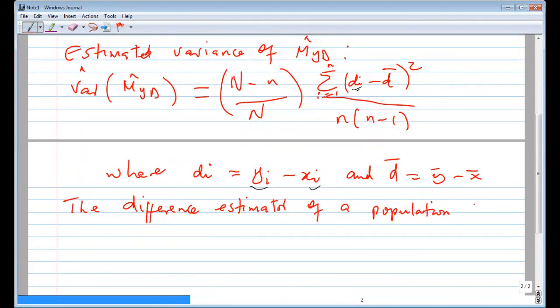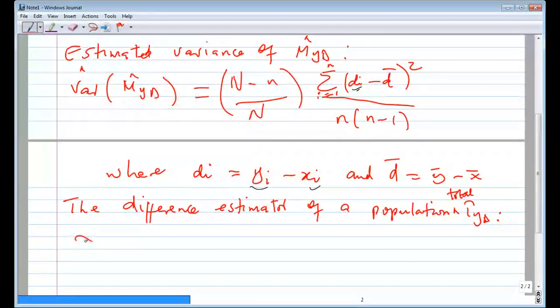You know that the population total is tau y, but because now we're dealing with the difference, it's tau yd. Here there is a total. The difference estimator of a population total is given by that. In other words, we're estimating the population total under difference estimation.